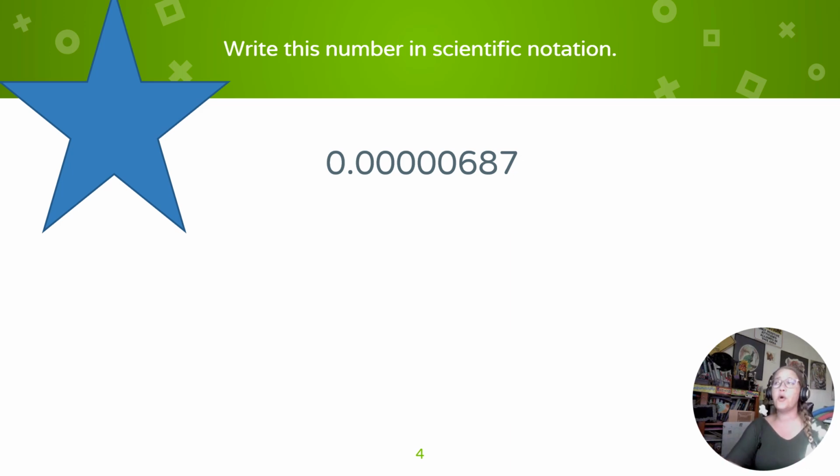Step 1, locate your decimal right here. Step 2, locate that spot that's going to be that perfect sweet spot where our number x is greater than 1 and less than 10.